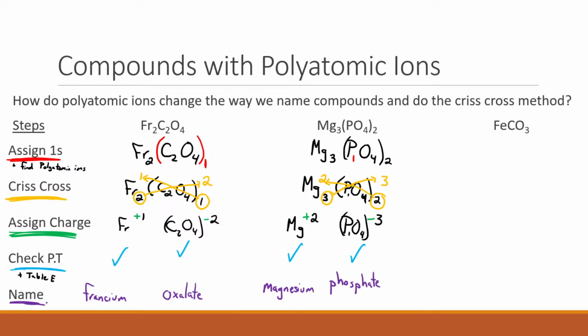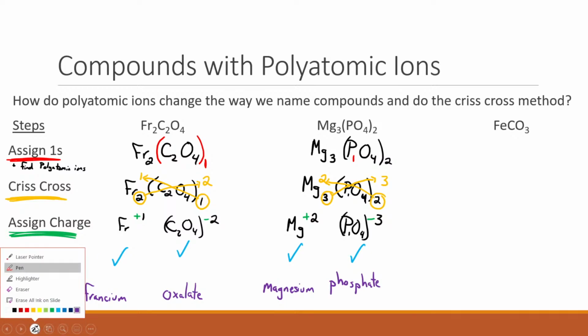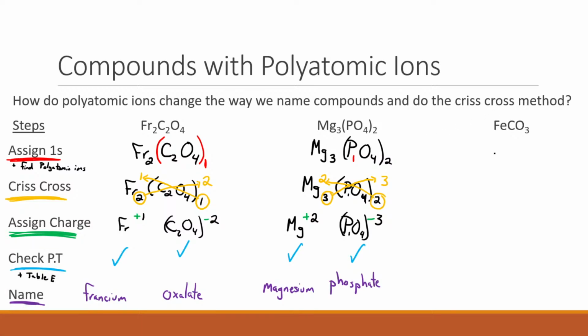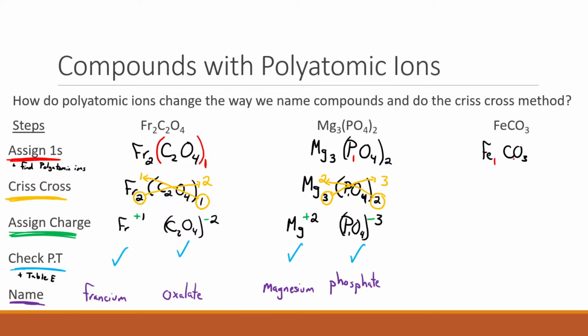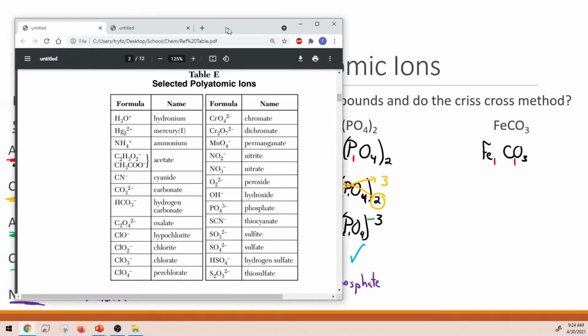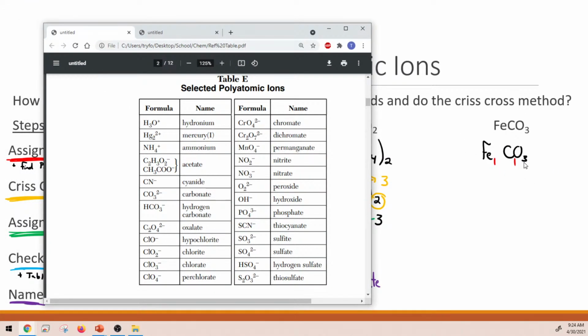Let's look at our third example here. Our first step is to assign our 1s and find our polyatomic ions. These need 1s. And then we need to check the reference table to find what piece of this compound is a polyatomic ion.